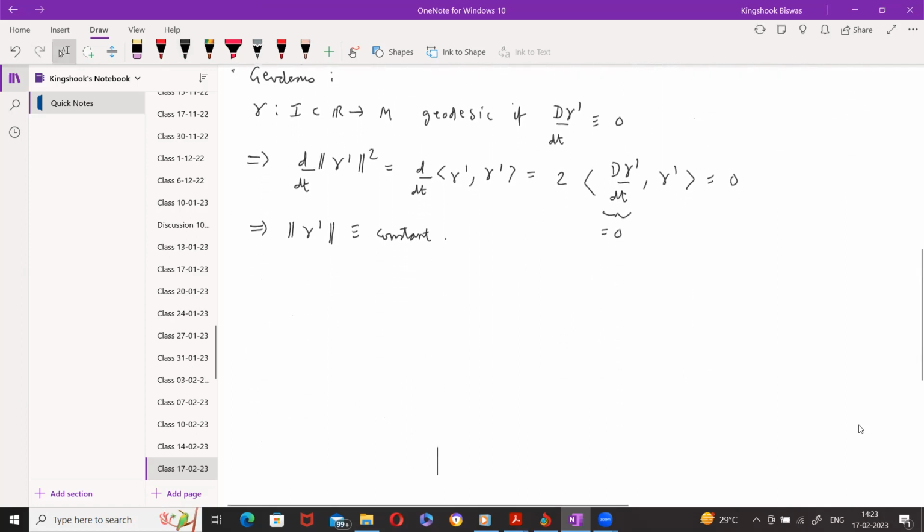And if gamma is a geodesic, and say V is parallel along gamma, then we know that the inner product between V and gamma prime, both of these are parallel along gamma, this is constant, right?